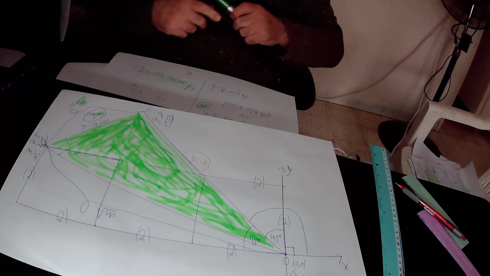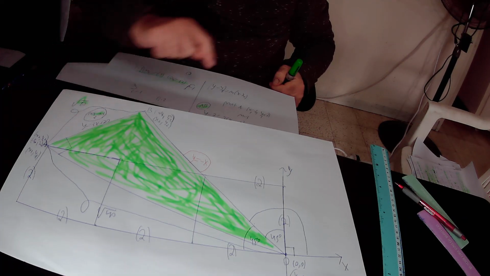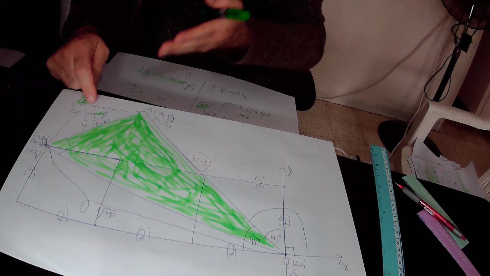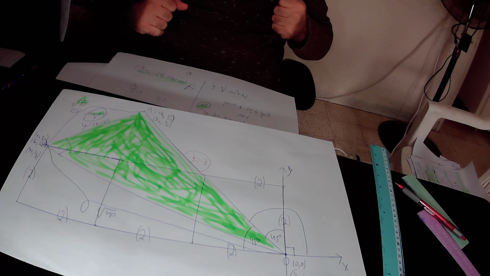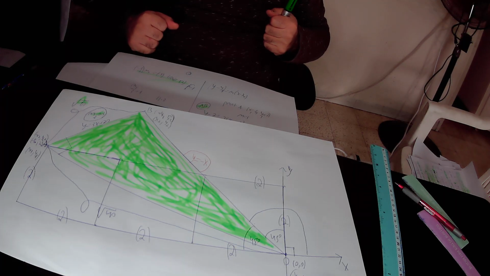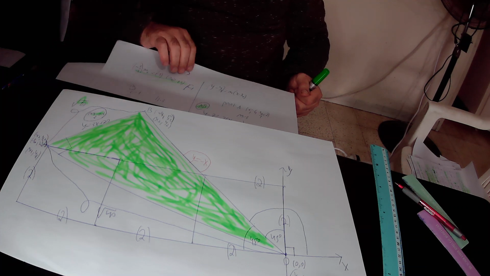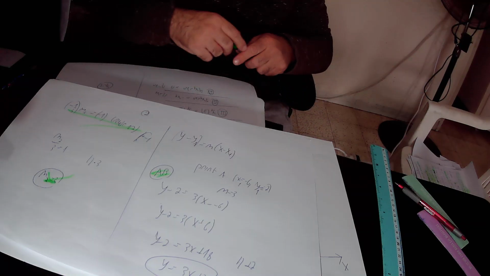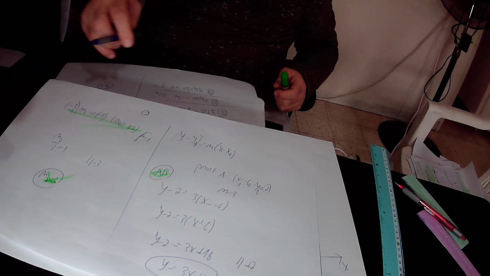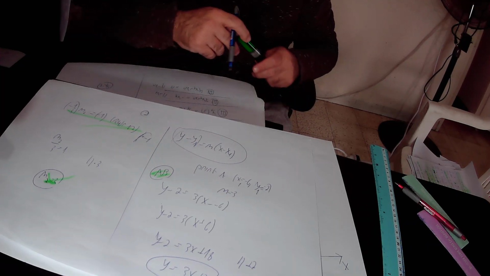Now, point A is located on the straight line AB. We know that the slope of the straight line AB equals 3. Therefore, we can use the previous formula in order to find the equation of the straight line AB. Again, the equation says y minus y1 equals m times x minus x1.